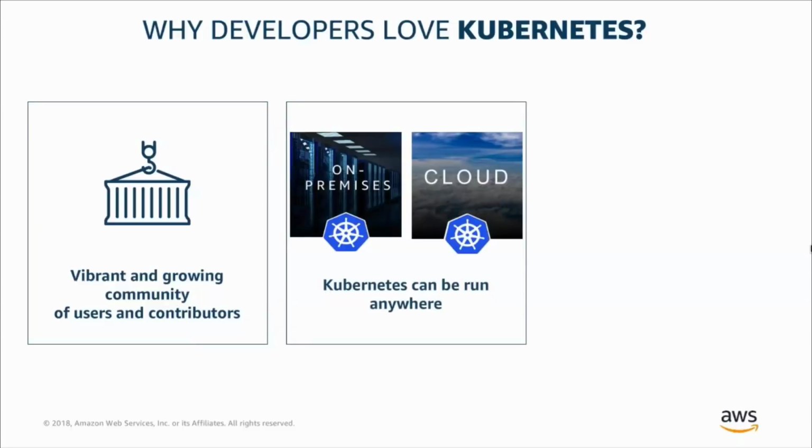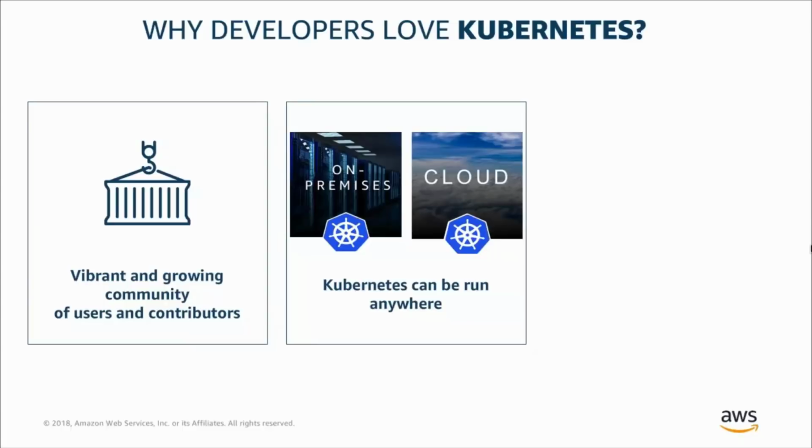And the second thing is Kubernetes can run anywhere. It can run on-prem or it can run on a cloud platform. Many customers that use Kubernetes today like it precisely for this reason.